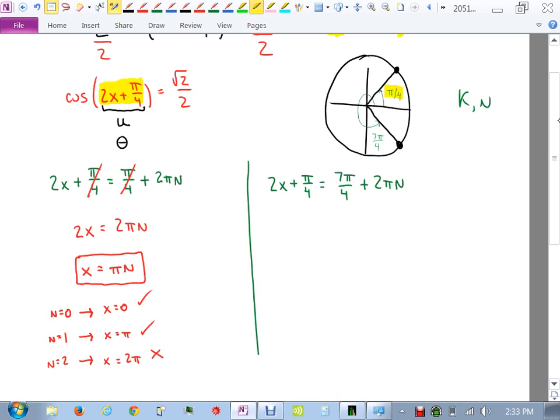Now we need to do the other general solution. So I will subtract pi over 4 from both sides. And that leaves me with 2x equals, now 7 pi over 4 take away pi over 4 is 6 pi over 4, plus 2 pi n.